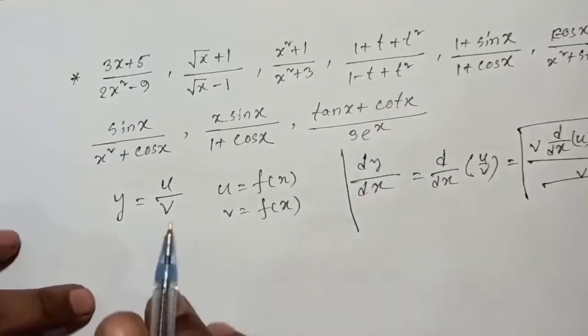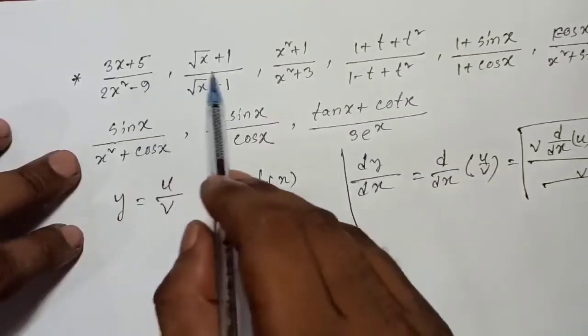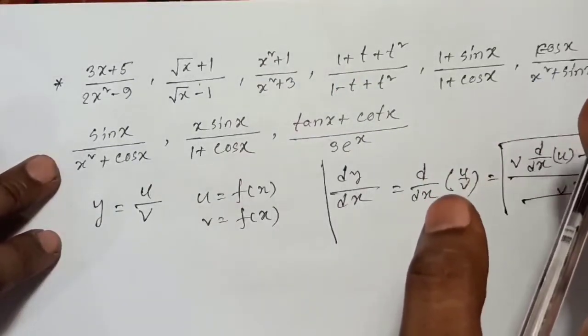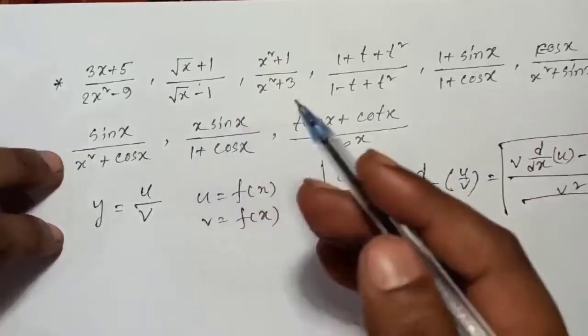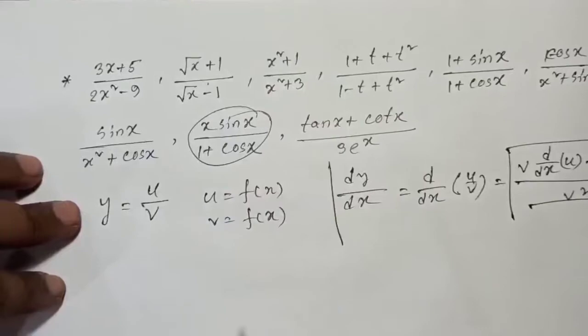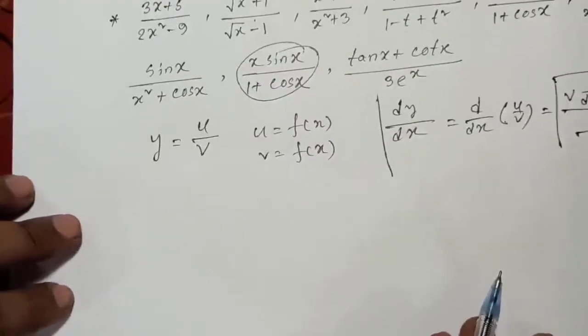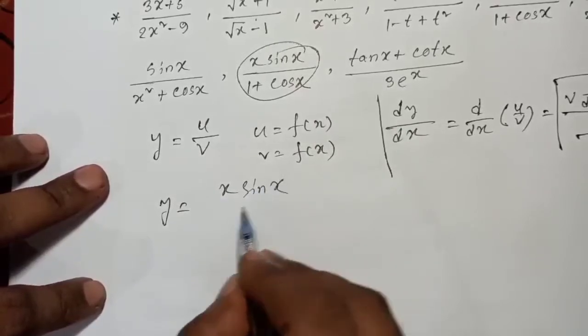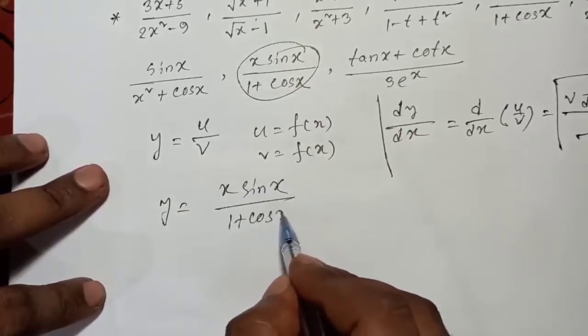So now here all the maths are similar, so I am going to do any one of them where algebraic and trigonometric are all together, like x sin x divided by 1 plus cos x. So y equal to x sin x by 1 plus cos x.